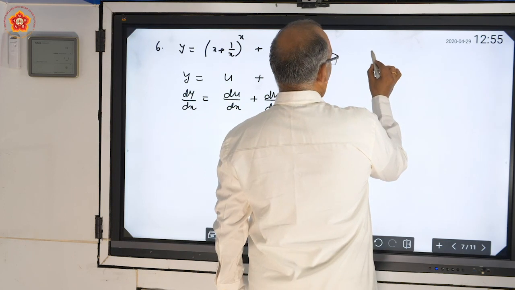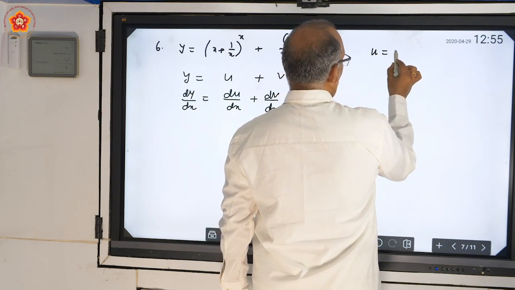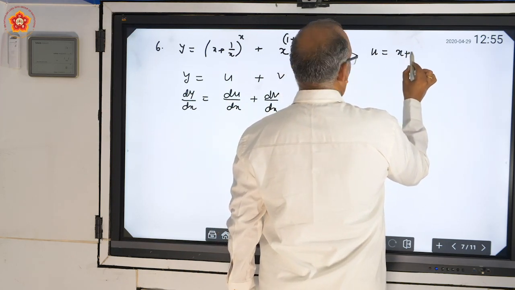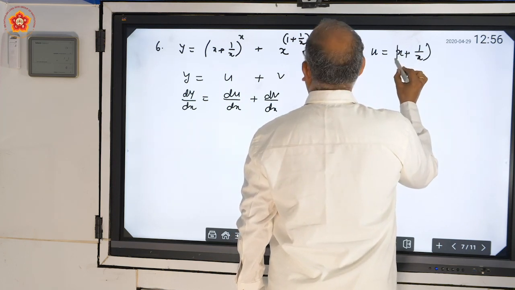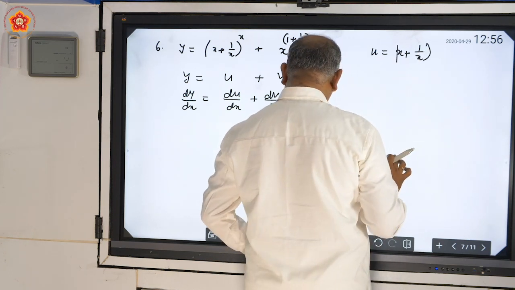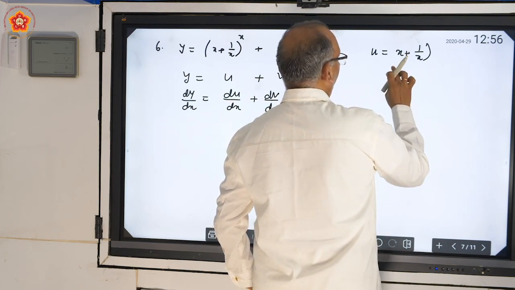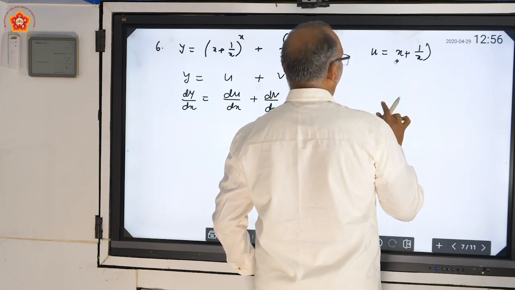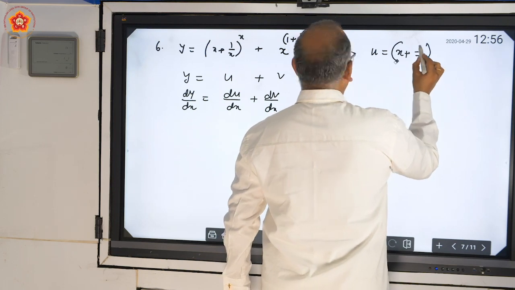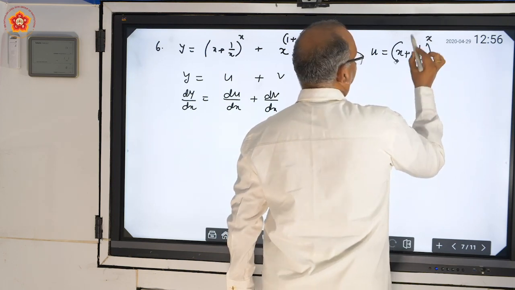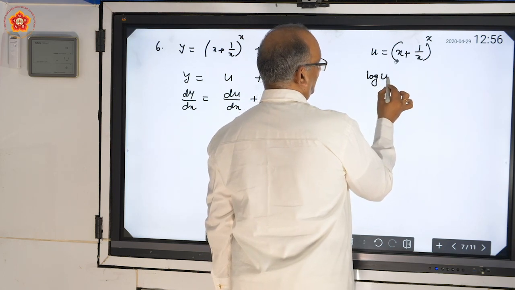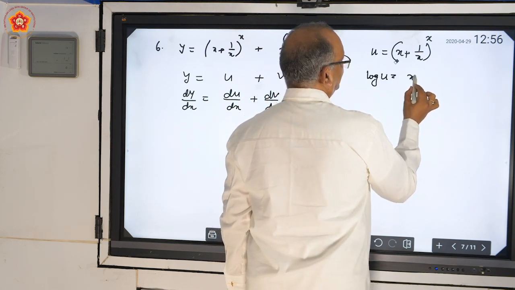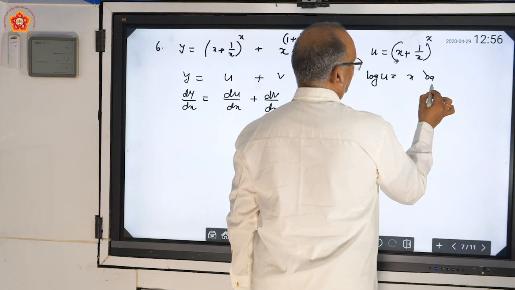u equal to (x plus 1 by x) to the power x. Take log both sides. We have log u equal to x log (x plus 1 by x).